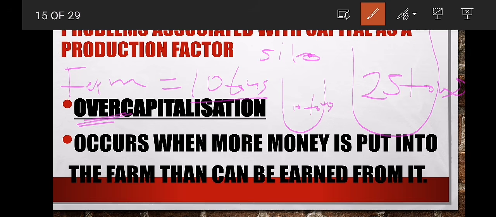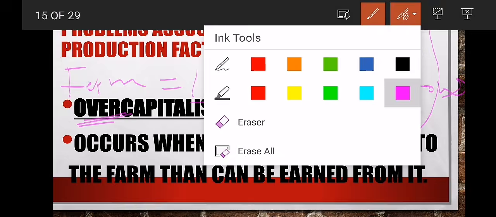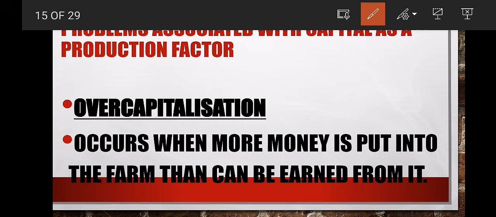You have invested more capital than you are in need of. And that's a problem that we encounter, because it means all the other resources will be underutilized and some money will go into waste. That's how we try to understand this one. So we say you had invested more than what you require.